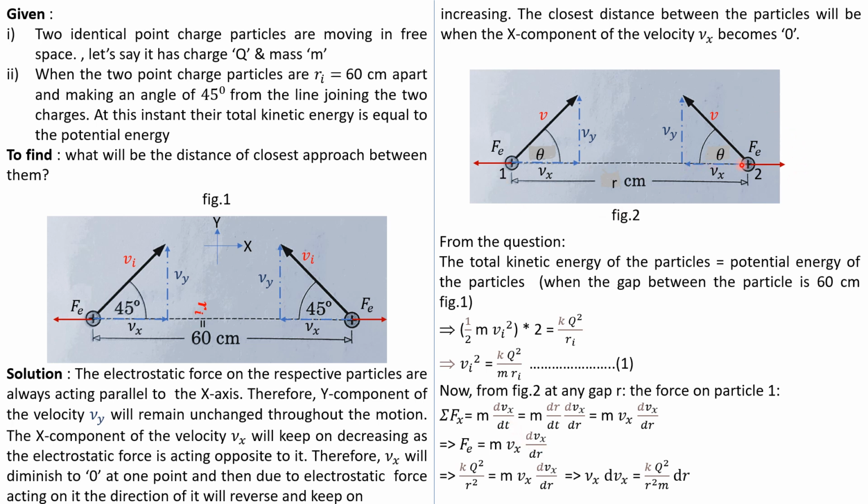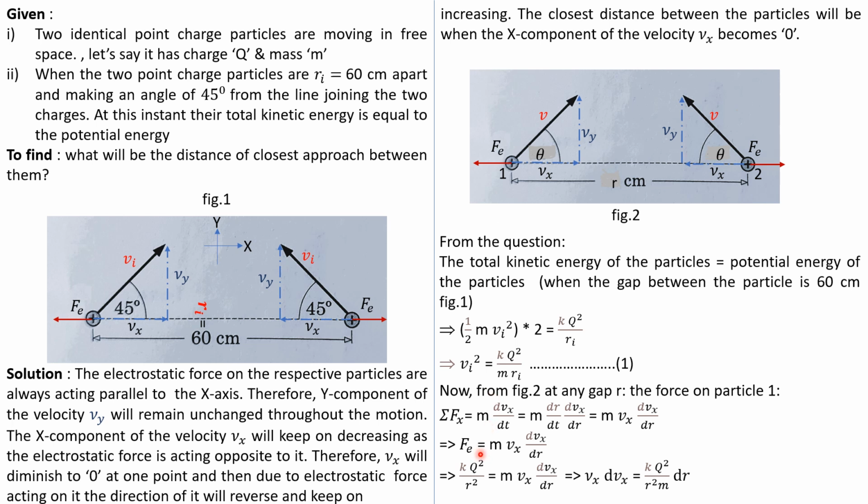Now at any gap between the particles when it was r centimeter, we will write the equation from Newton's law of motion. So summation of force in the x direction for particle 1 is m dvx by dt, we will multiply with dr and divide by dr. So the equation will become this way. dr by dt will be the Vx, and summation of all the forces in the x direction on particle 1 is Fe.